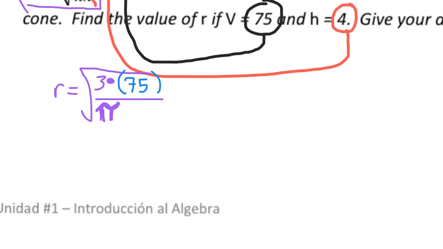What do we say h was? 4. And it's next to each other, so that's why it's multiplication. There's a multiplication dot in there too, next to the pi times h.